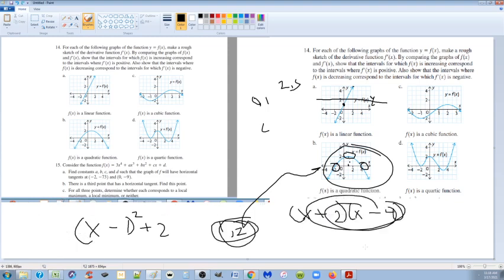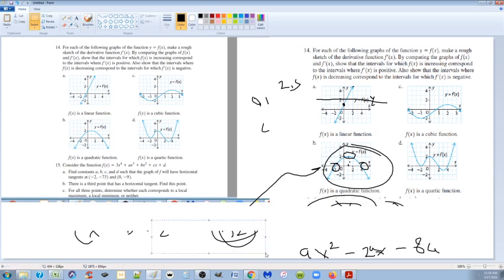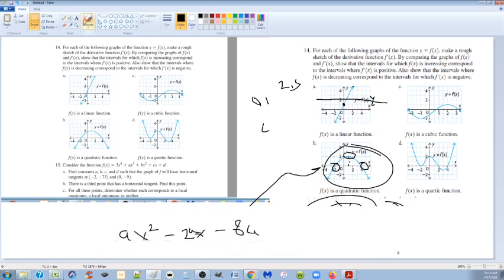Or you can expand this and leave A like that, and you get x squared minus 2x minus 8, all of it times A. Then, because you know the vertex, you can set that when x is 1, y is 2.